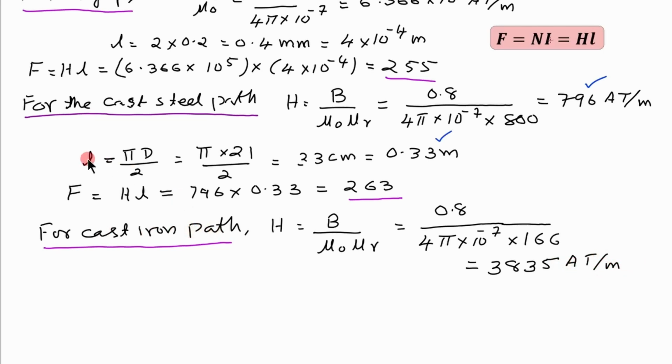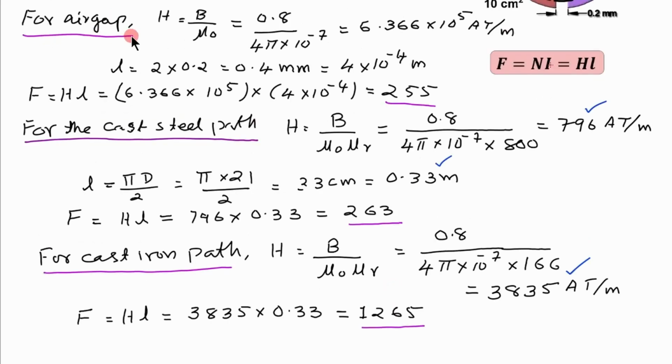Length of cast iron path is also the same as cast steel, that is 0.33 meter, and H we found as 3835. Therefore, magnetic force or ampere turns required F is equal to H into L, that is 3835 into length 0.33, which gives 1265.